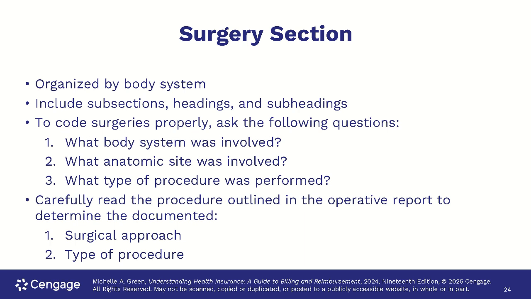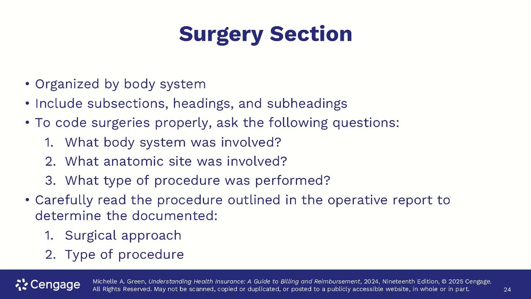And to properly code a surgical report, there are some questions that you should keep in mind as you are reading the operative report. So, what body system was involved, what anatomic site, what type of procedure was performed, and it is also important to note what approach was done, right?